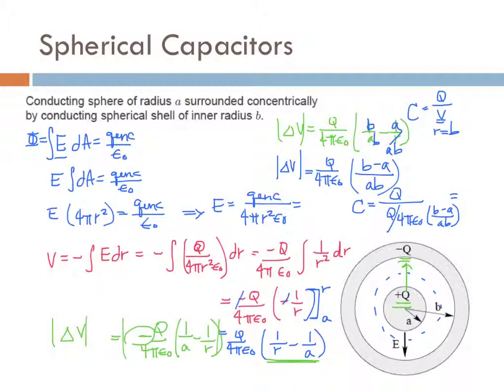You're going to notice that my Q's will cancel out, and with b minus a at the bottom being multiplied, you're going to end up with 4 pi epsilon naught ab all over b minus a. And this is our capacitance for spherical capacitors.